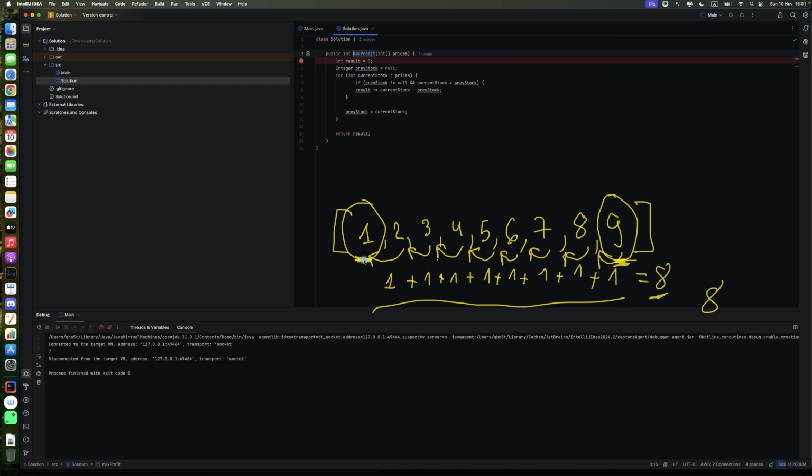And I wanted to show you this because you can start thinking, oh, I must buy the minimum and sell at the maximum, but they tell you you should sell and buy. You can sell and buy every day, and we do this. They didn't tell us you buy one time and sell one time and give us the answer. They say each day you can make a transaction, and you see this.